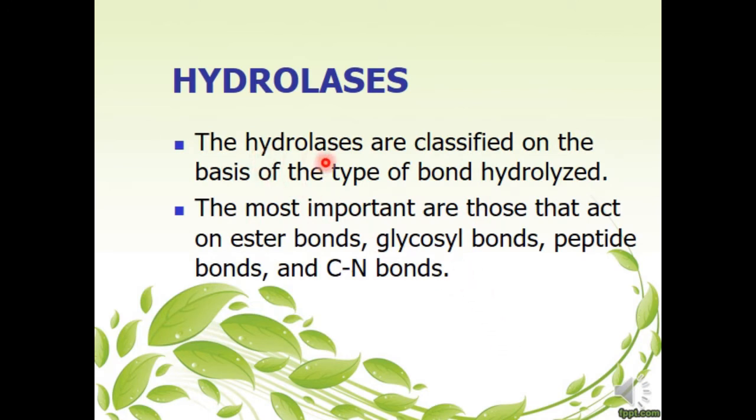Hydrolases are classified on the basis of the type of bond that is being hydrolyzed. Examples of bonds that are hydrolyzed by hydrolase enzymes are the ester bond, glycosyl bond, peptide bonds, and also CN bonds.